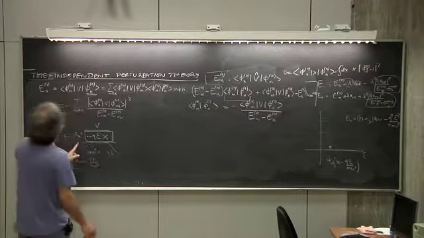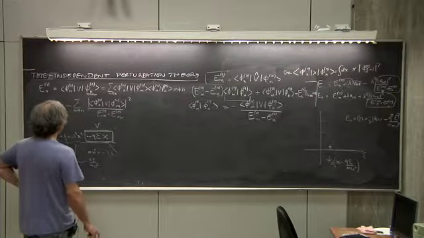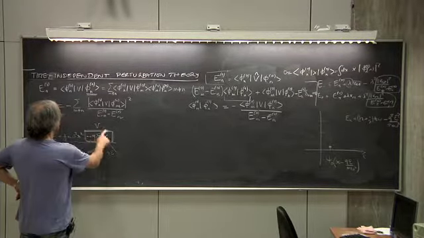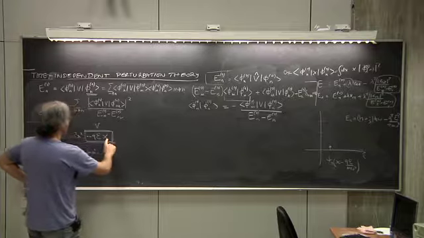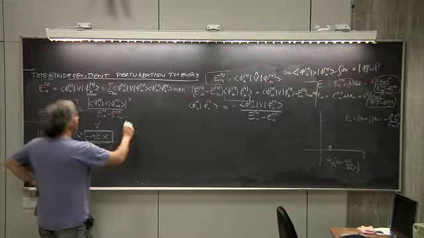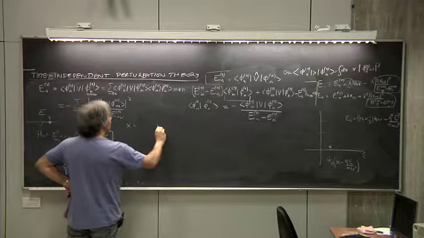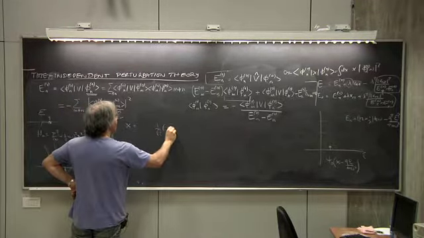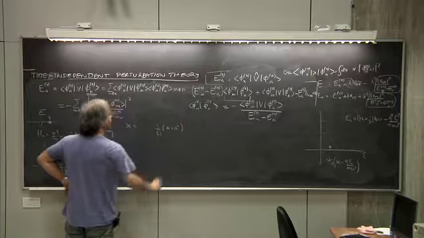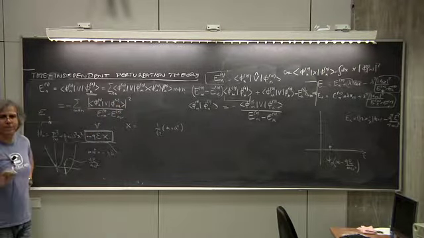For instance, let us see. Remember, I have that x is equal to 1 over square root of 2, a plus a dagger. Well, not quite.